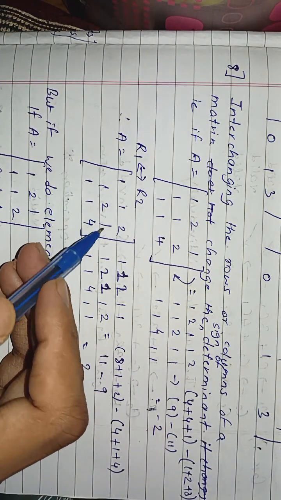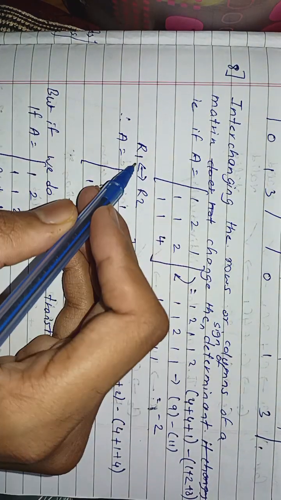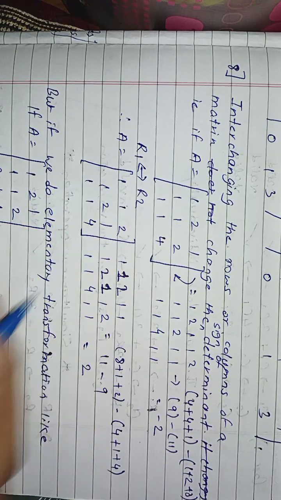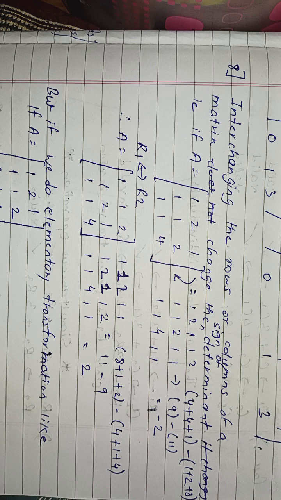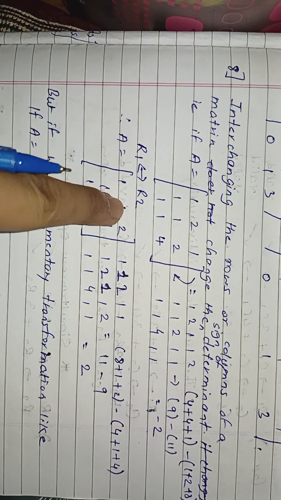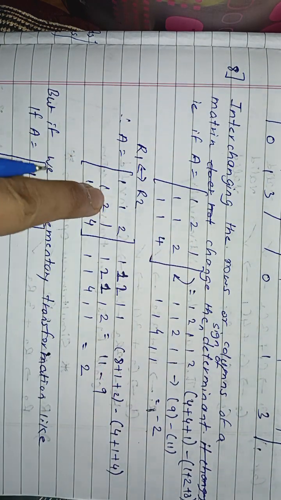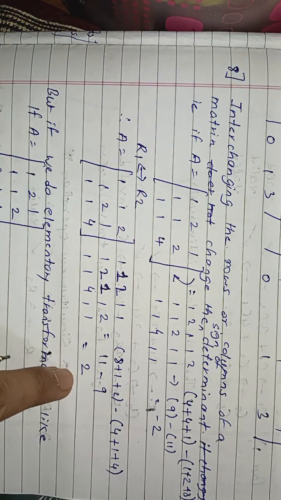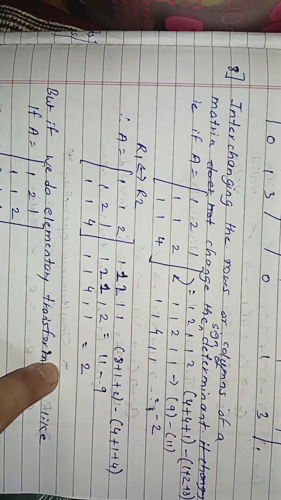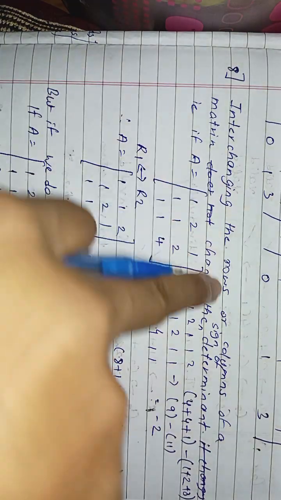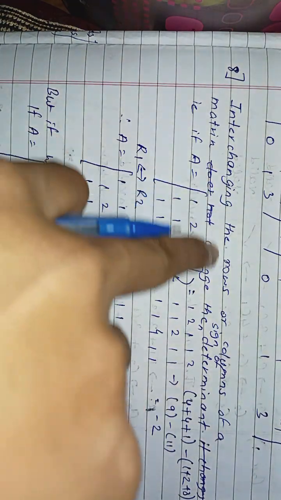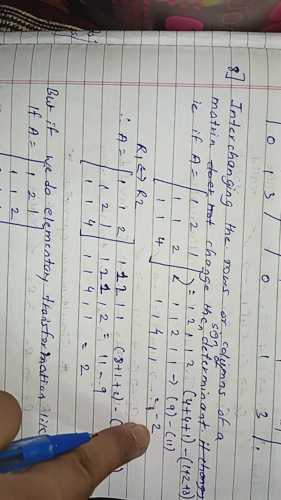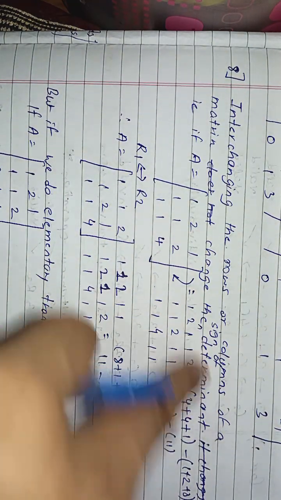Here I interchanged r1 with r2, so I wrote r1 in the second row and r2 in the first row. The determinant I got was 2, just a difference in sign. So interchanging rows or columns doesn't change the value but changes the sign.